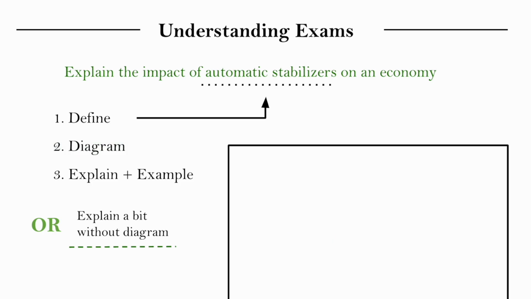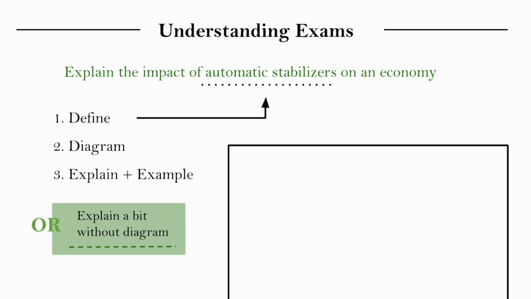To see what such an explanation would look like, it would look something like this. I'm going to explain this in the order of how automatic stabilizers help stabilize AD during an increase, and then talk about how it helps stabilize in an AD decrease.